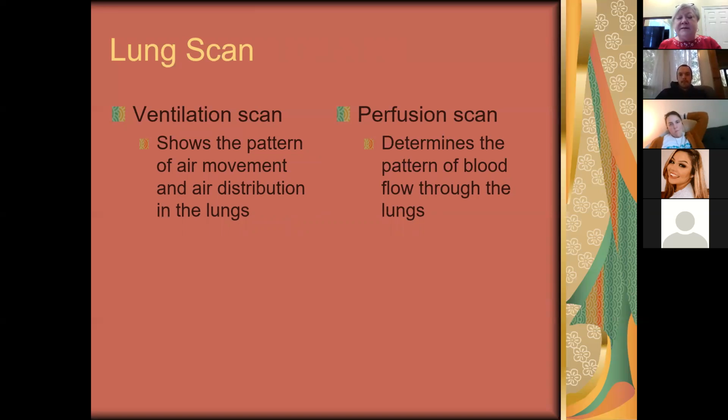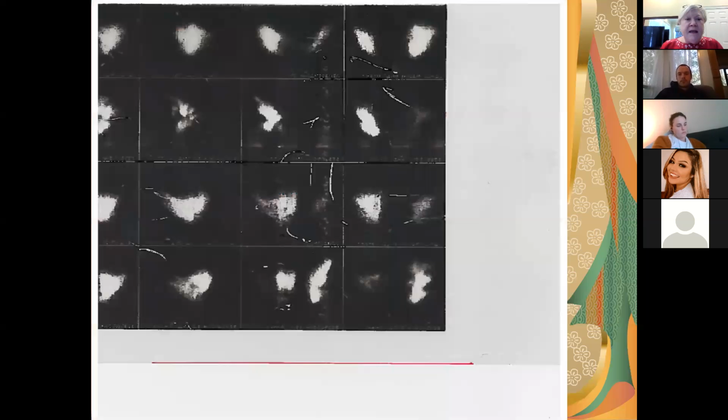And remember, this is on the vessel side. So if the vessel is blocked, then you're going to have an area that's not going to show that it got to it. And that would indicate a high probability of a PE. So this is one. Now, right here, this is not the ventilatory. This is the perfusion side. So this one's here, not this side, because this is a lateral, so it's only going to show one lung.